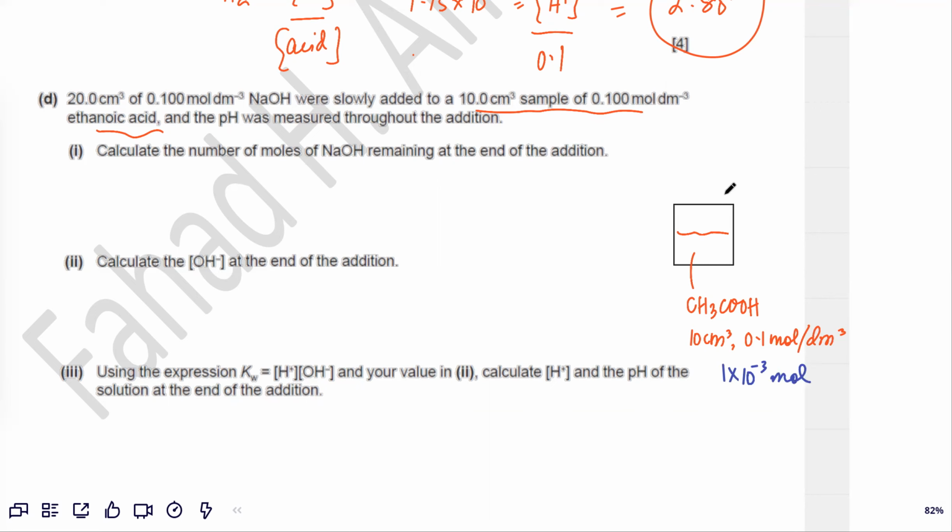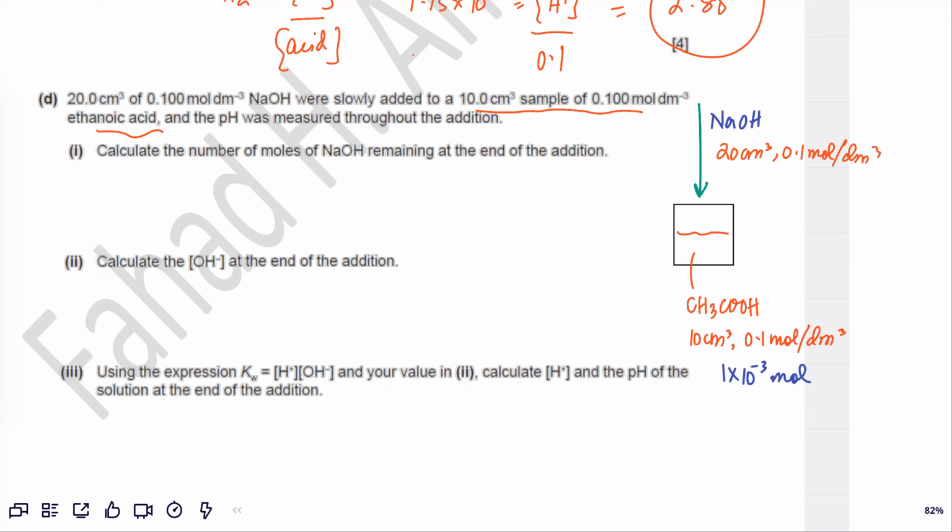Now what is he adding? So NaOH was slowly added to this. So NaOH is 20 cm cube of 0.1 mole per dm cube. So from the top, he's adding NaOH. And the amount of NaOH that's being added is 20 cm cube and 0.1 mole per dm cube. So how many moles is this?